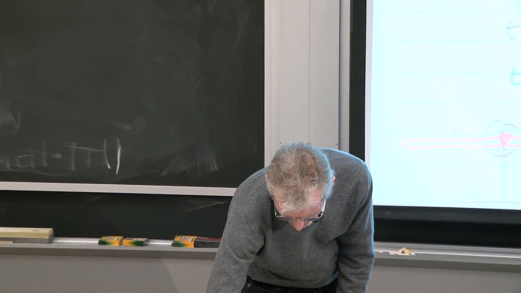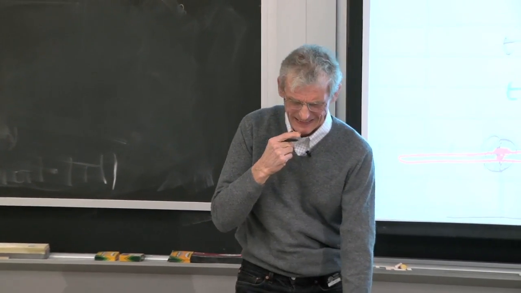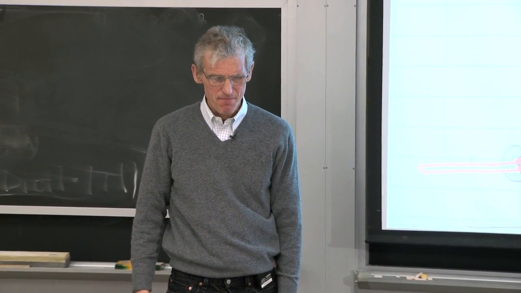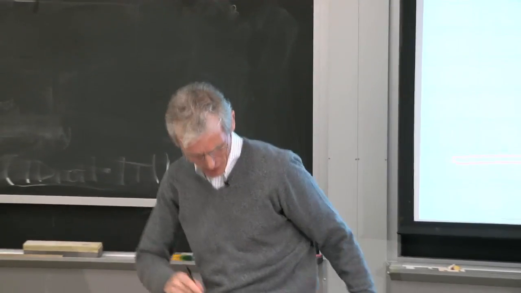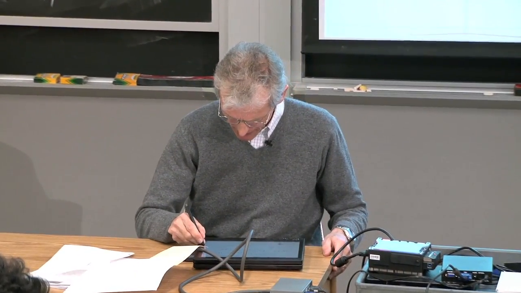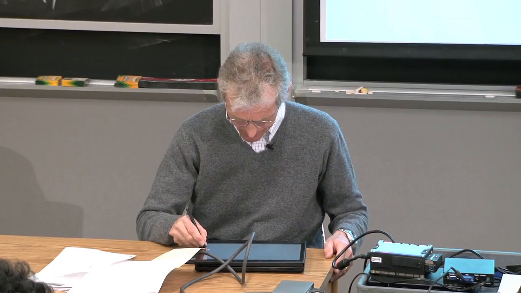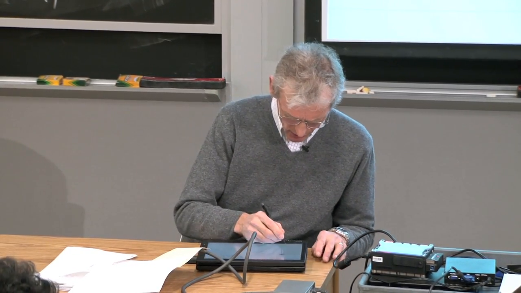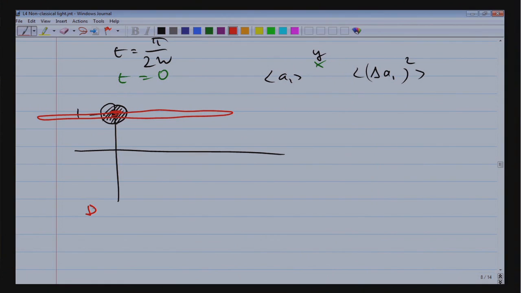Well, not if I use it, it depends how I define squeezing. So you would now give a definition of squeezing which says that the variance in A1 is unequal to the variance in A2.